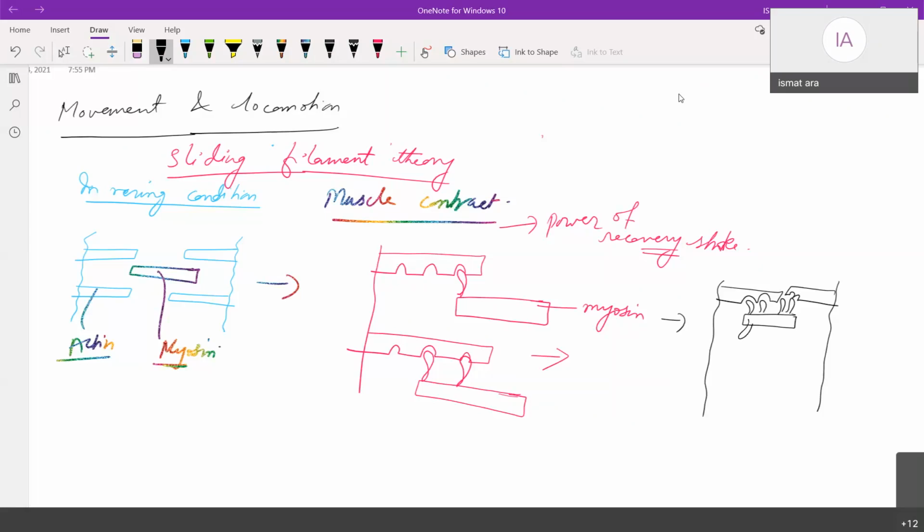Similarly here, these are the myosin heads, and again they are bound with this actin molecule. So this structure is called cross bridging.